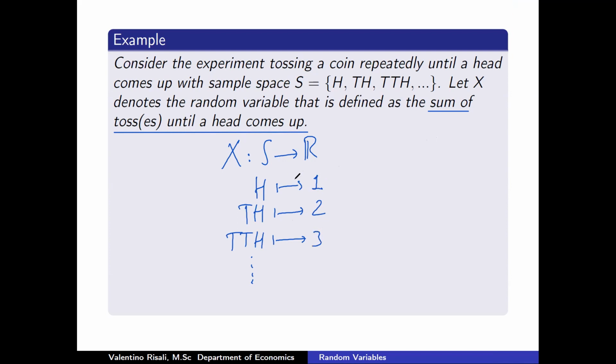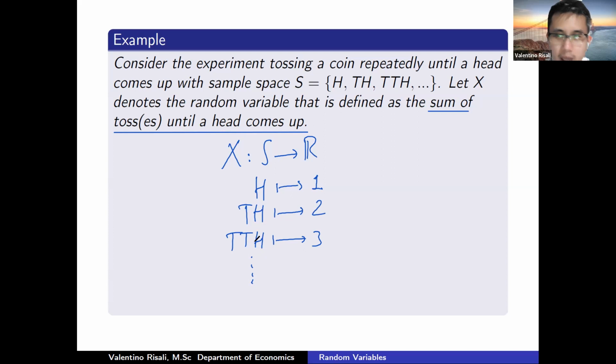Okay, and we will continue it infinitely. For this case, it is enough to write the general form of the function, that is X of TT...TH, with n minus 1 T's and 1 H, is n.